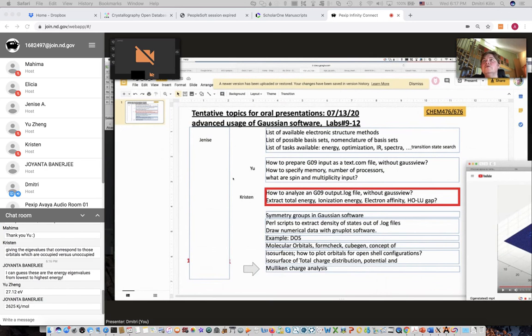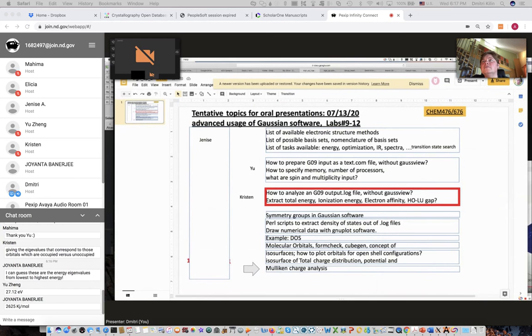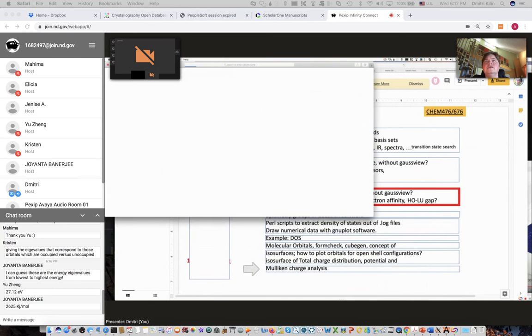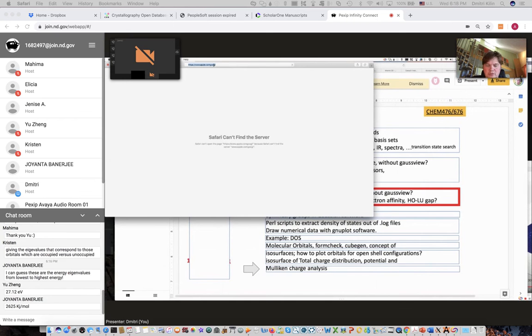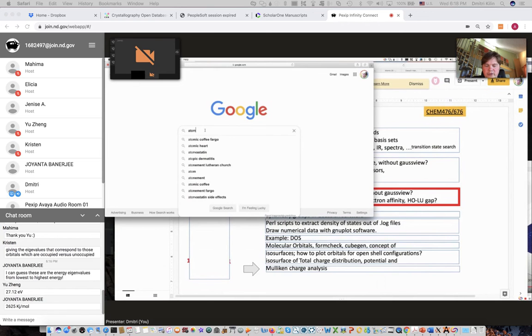So for the units, I can just go into the browser and type atomic units conversion.